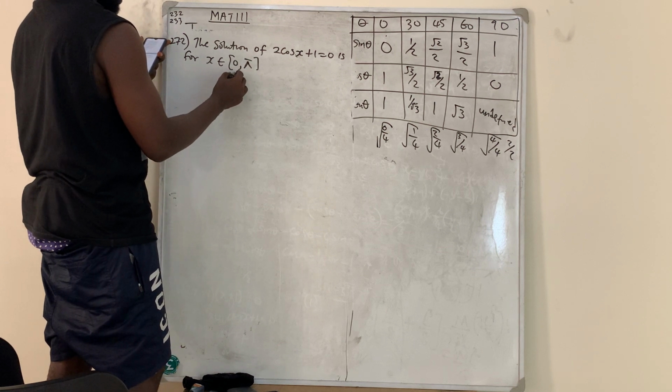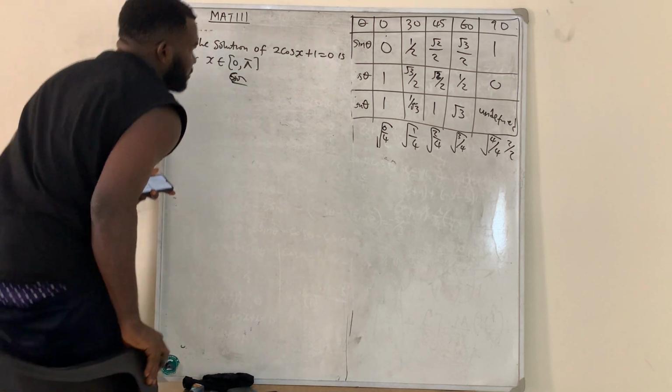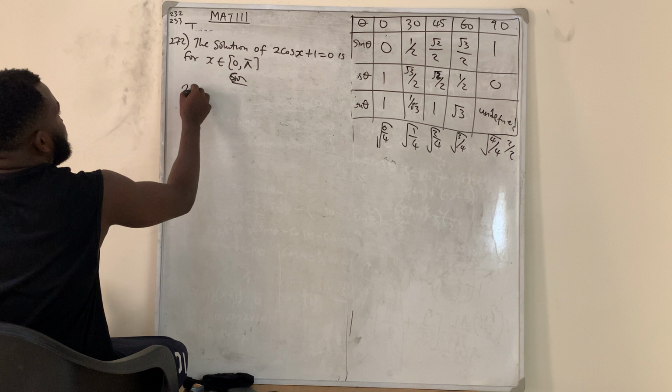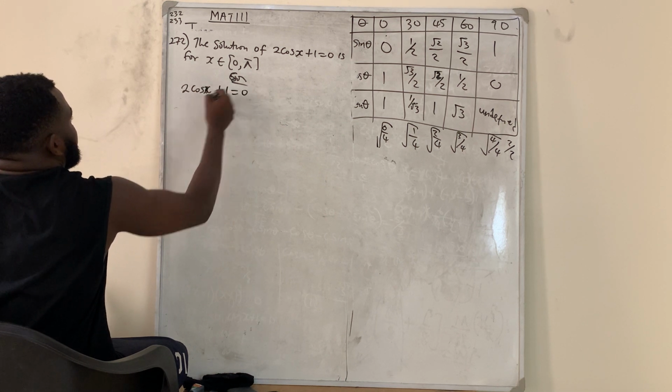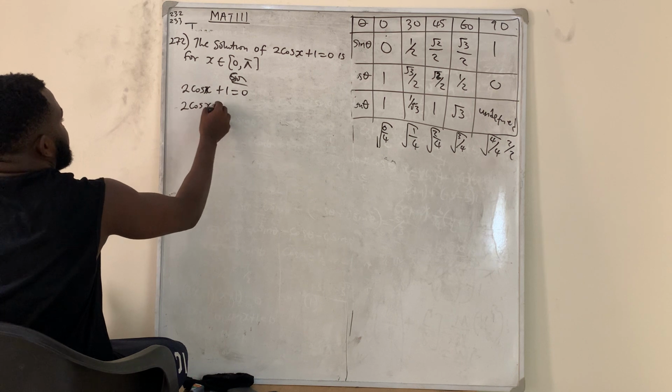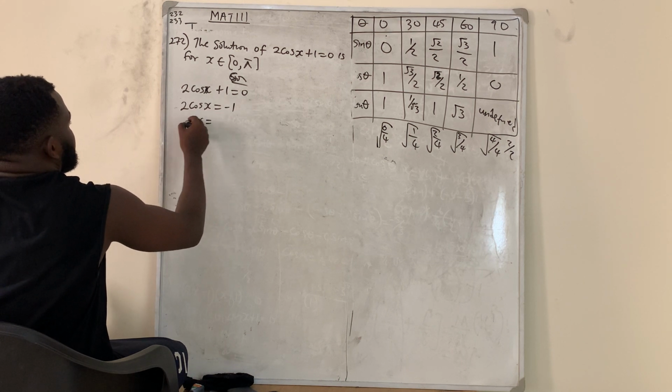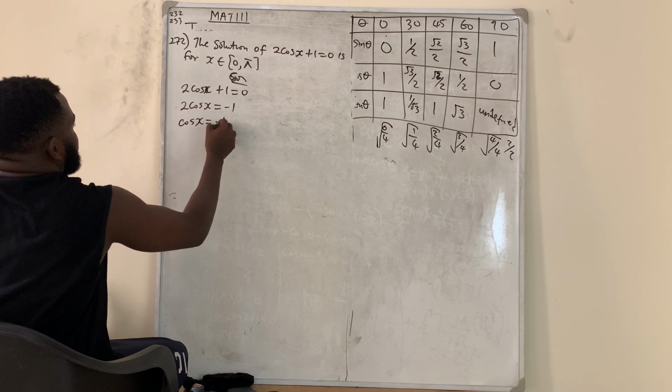Solution. They gave me that 2 cos x plus 1 is equal to 0. Therefore, 2 cos x is equal to minus 1. So cos x is equal to minus 1 over 2.